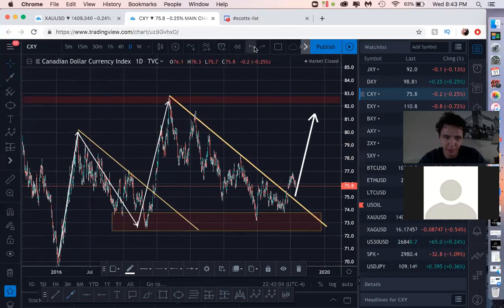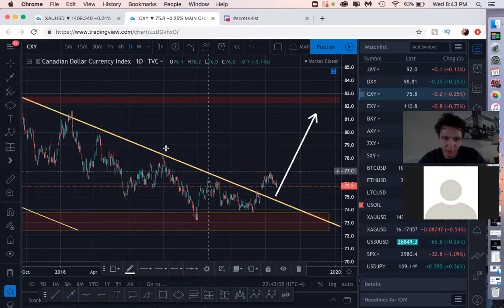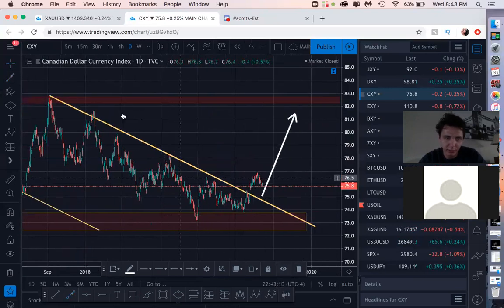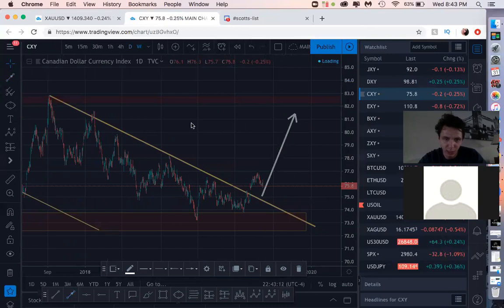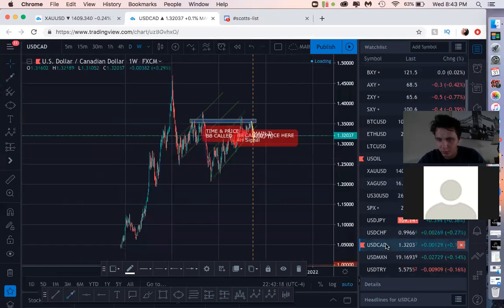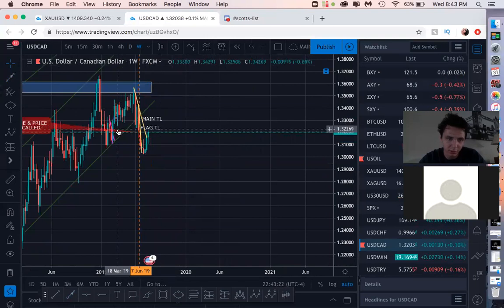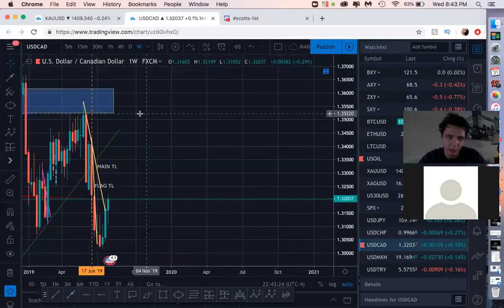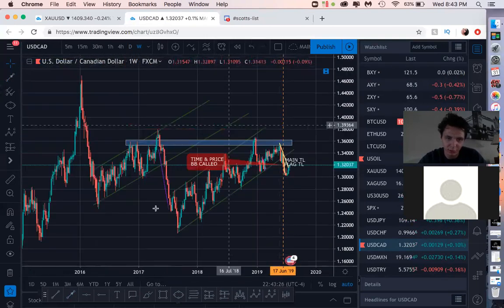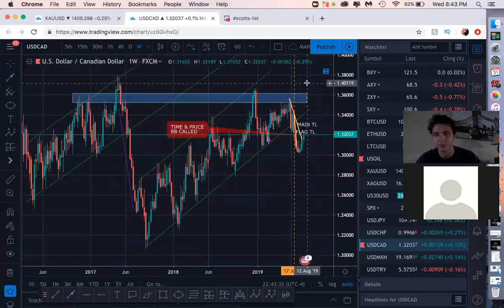So what I was looking for is a break of this wedge, this triangle, to align with the breakout of this channel. Ironically, inverse of what the Canadian dollar index is doing.